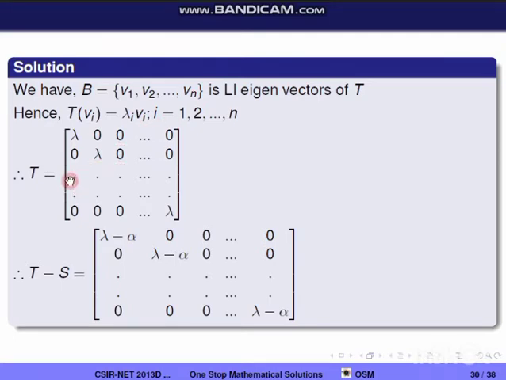Now, writing this transformation with respect to B, we get the matrix representation T equal to diagonal matrix with lambda_1, lambda_2, etc. up to lambda_n on the diagonal. Now, when we find T minus S, that is equal to lambda minus alpha, only the diagonal elements are coming. So, T minus S is a diagonal matrix, T is also a diagonal matrix, and S is also a diagonal matrix.